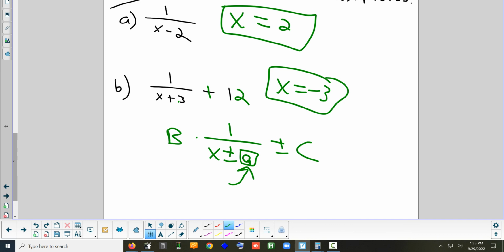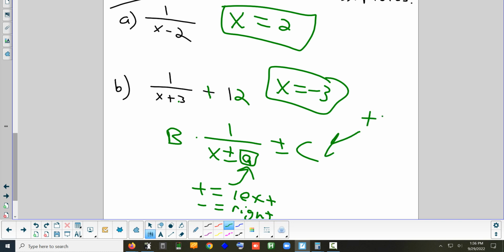Left and right. So that's a shift left and right. Positive would be left. Negative would be right.